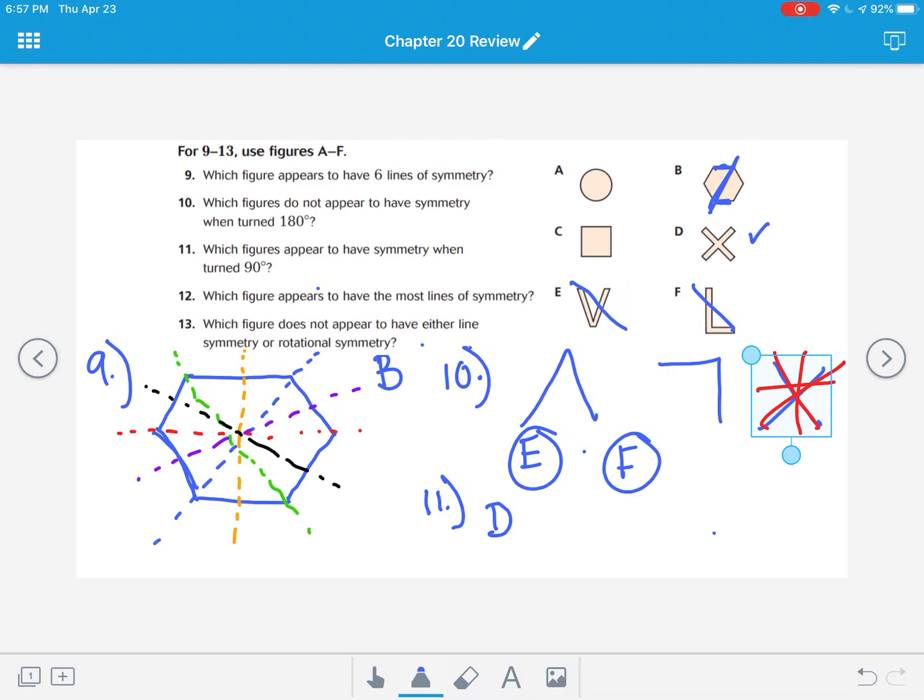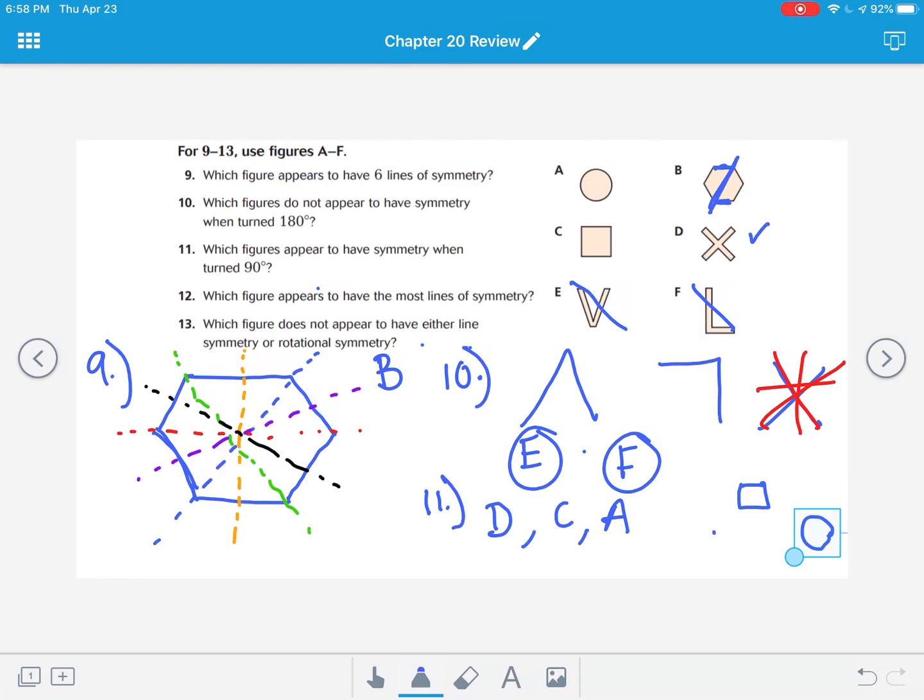Let's take a look at the square. I'll draw a square out for you, and let's turn it. So 90 degrees, flip, and it's still a beautiful square. Okay, so that one is fine. That was for letter C. And then we have for letter A a circle. That is definitely going to remain the same. So A is fine as well.